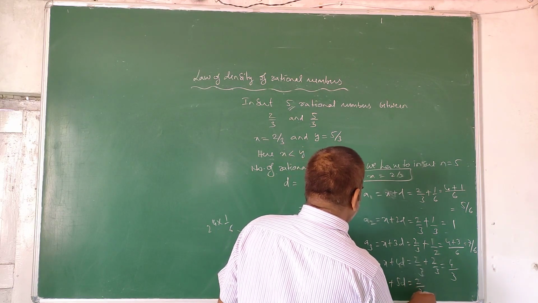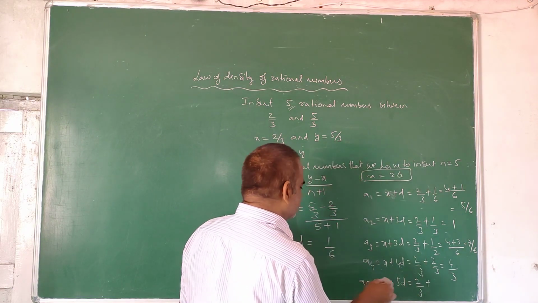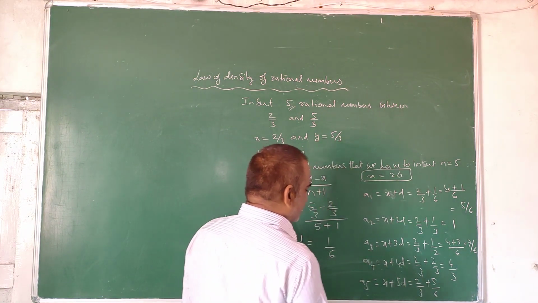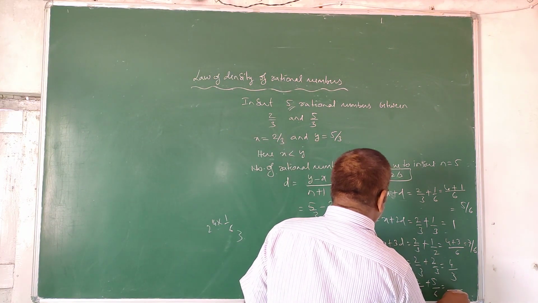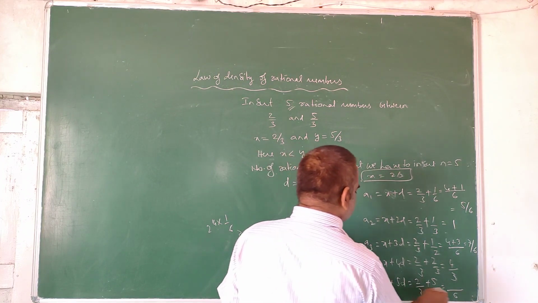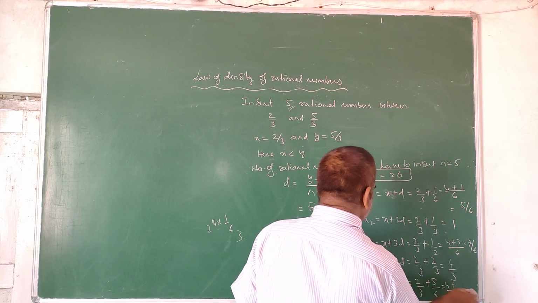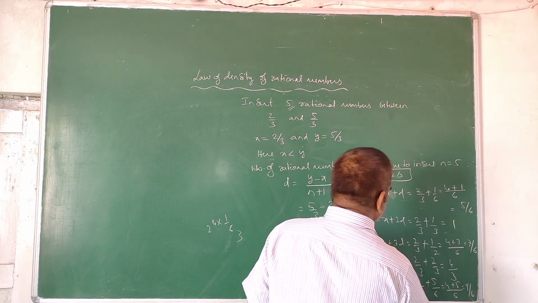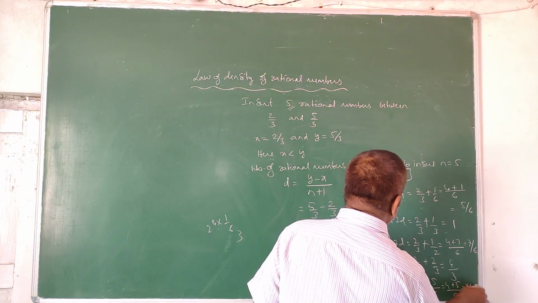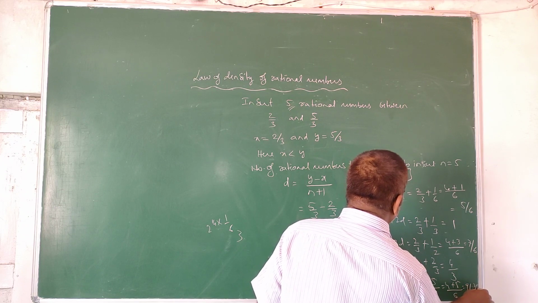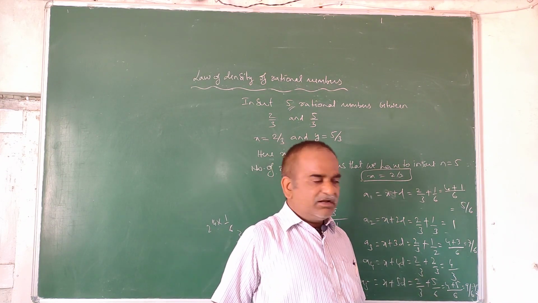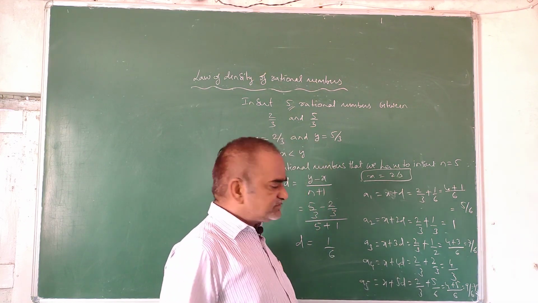So x is 2/3 plus 5 into d, d is 1/6, 5 into 1/6, 5/6. Now if you go for LCM 6, 3 2s are 6, 2 2s are 4 plus 5, which is 9/6. 9 by 6 means 3 3s are 9, 3 2s are 6, 3 by 2. Did you understand?